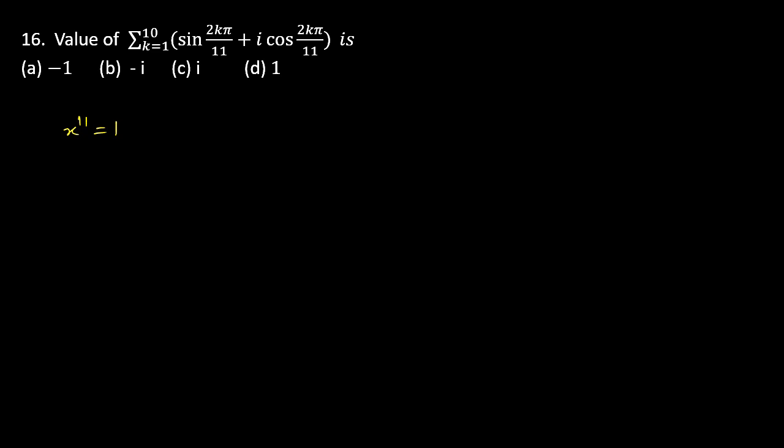So its roots will be x equal to cos 2k pi by 11 plus i sin 2k pi by 11, where k equals 0, 1, 2, up to 10. This is De Moivre's theorem. We just use De Moivre's theorem. These are the 11th roots of unity.